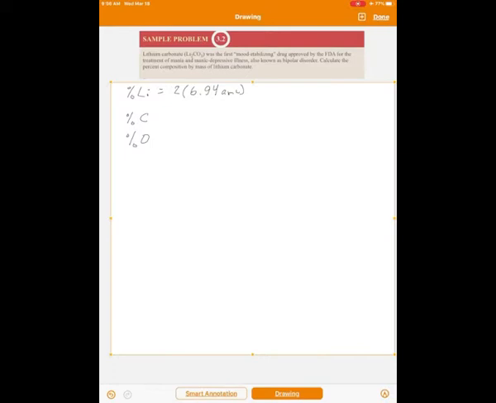And then you divide that by the formula mass. Now, how do we calculate the formula mass? I'm going to do that down here. We did that in the previous problem. 2 times 6.94, 2 lithiums, plus 1 times 12.01, 1 carbon, plus 3 times 16.00.